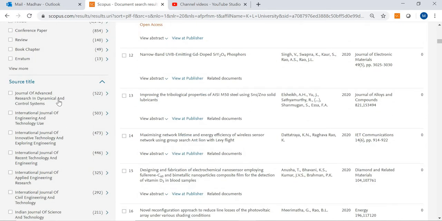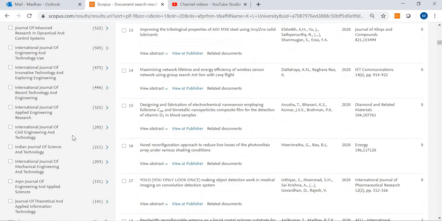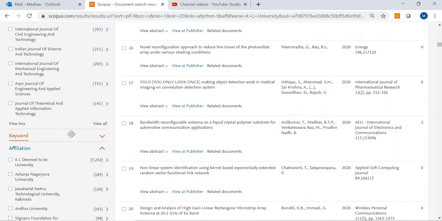And the major journals that publish KL University papers you can also see, such as JRDCS journal, IJET journal, and how many papers each journal produced.